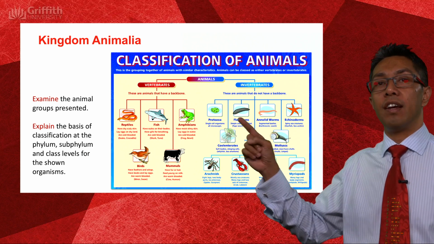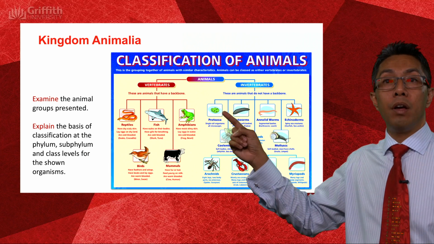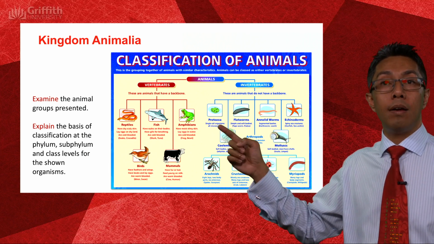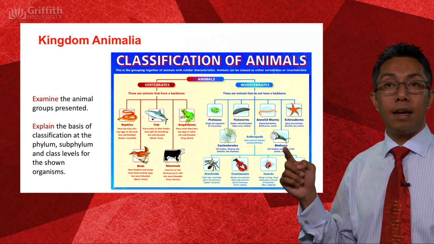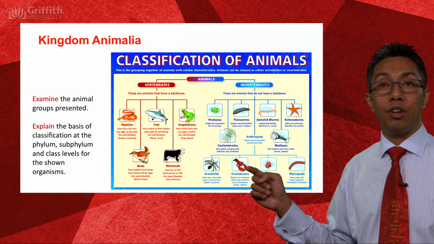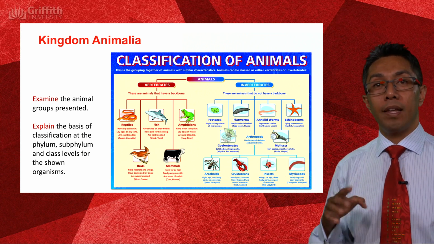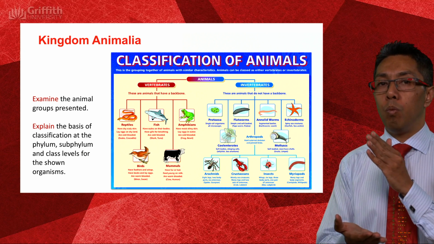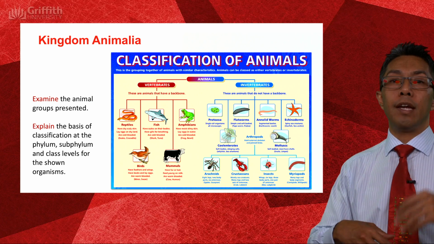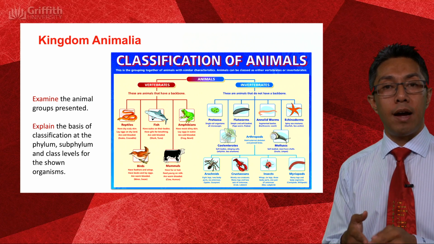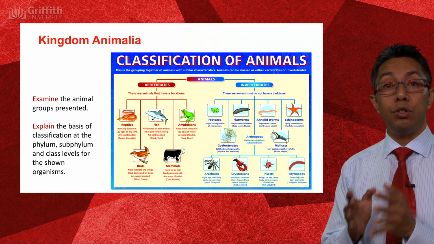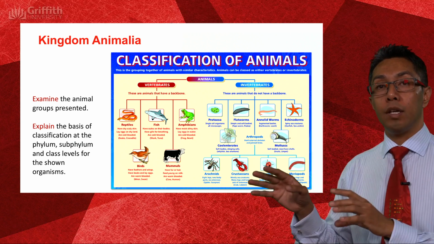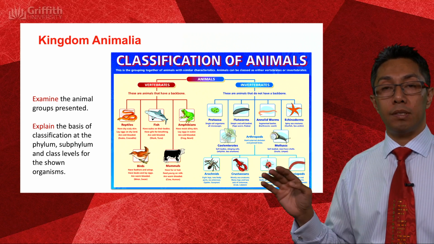How have they decided to divide up the invertebrates, going from protozoa, flatworms, annelids, and then the arthropods, and so forth, okay? So that's the activity that I want you to do here, because what's more important is that you can deduce the criterion which was used to put these organisms into these groups, okay?